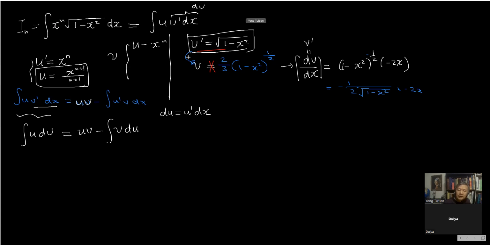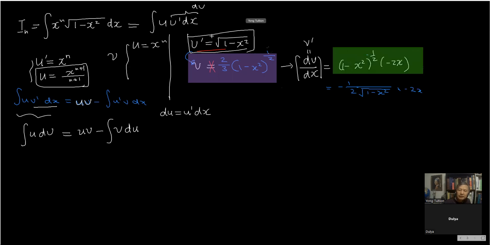If we just assume this v, then after we do the first derivative, we should get something identical. So this part must equal this part. Can you see? But it's not. It's not equal. Are these two blue colors the same or not?